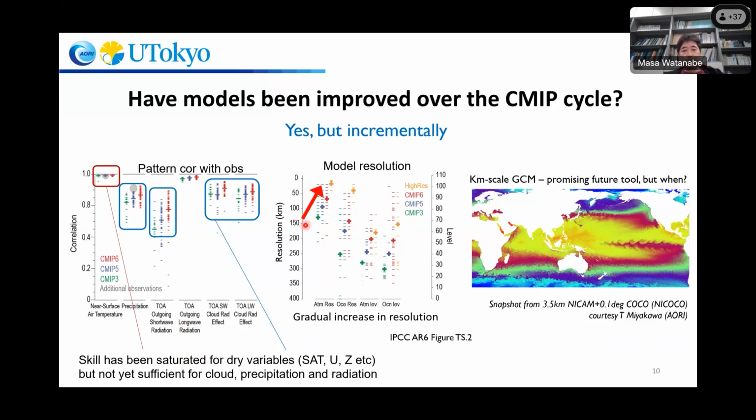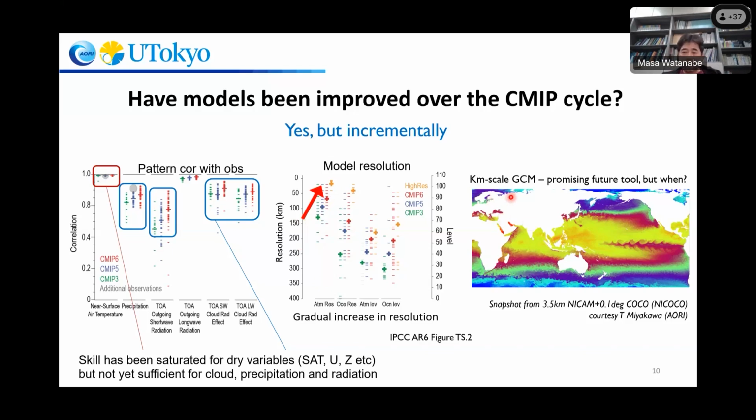And the model resolution has, of course, been increased from CMIP 3 up to CMIP 5. But this is also gradual, not radical. Many modeling centers in the US, UK, Germany, and Japan as well, have promoted much higher resolution simulation using kilometer scale atmosphere and ocean component models.